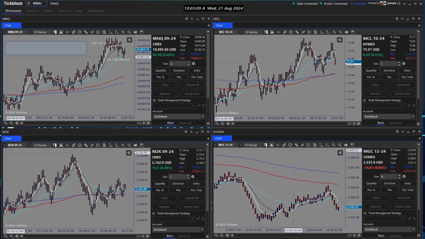ES range, either 8 or 10. Try both of those, see which one you like more.